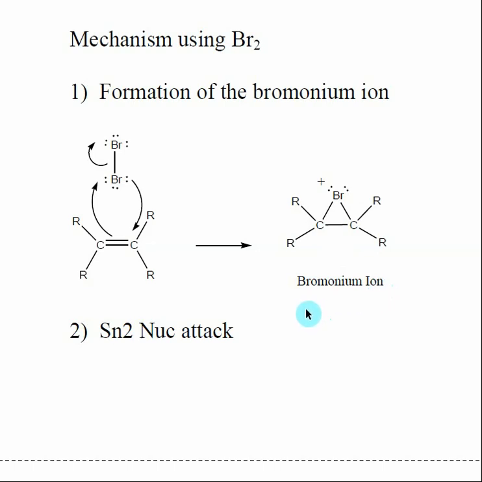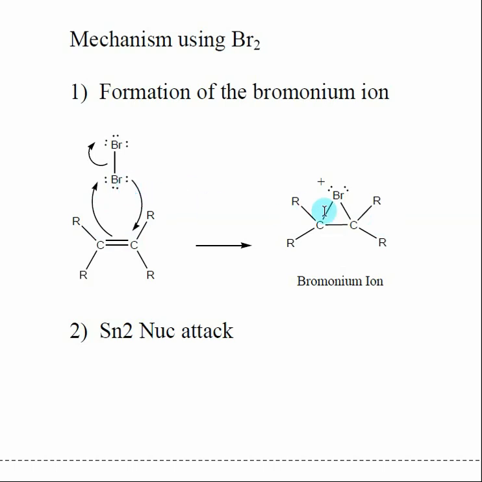When we look at the mechanism of the addition of Br2, or any one of our halogens, to a double bond, it's a little bit different. It's still a type of electrophilic addition. Remember, our bromines, Br2, have 3 sets of lone pair electrons. I like to call this the two-way street, where the lone pair electrons on one bromine attack a carbon. Lone pair electrons attacking an atom forms a bond.